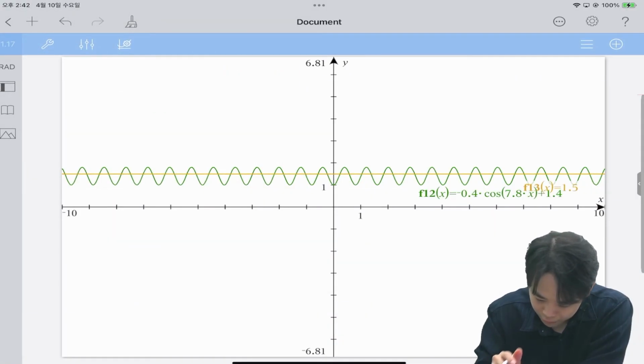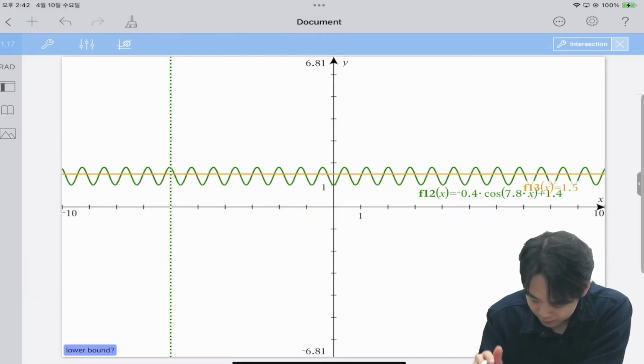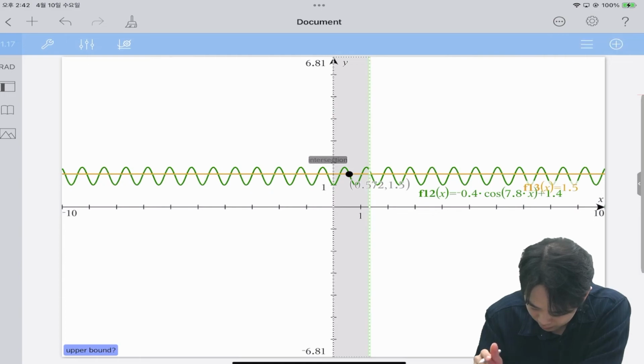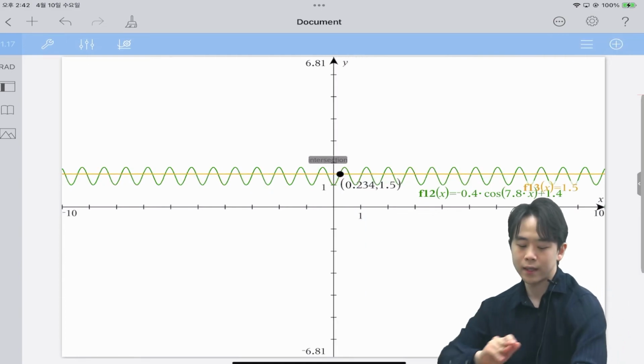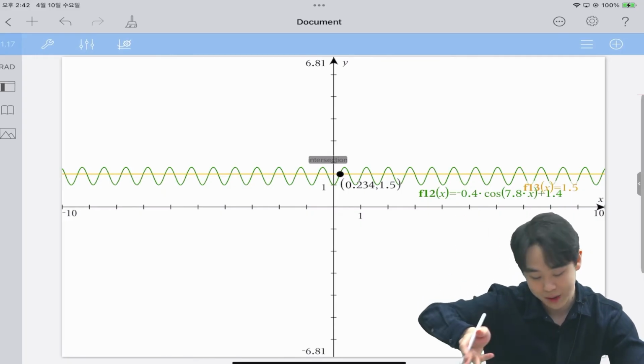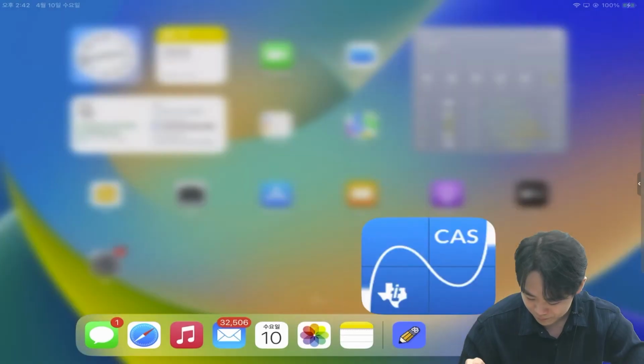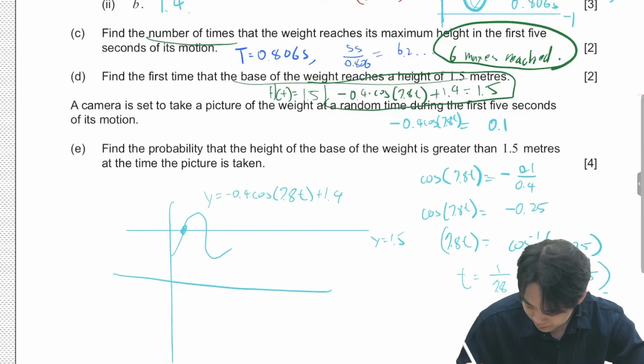We're looking for the first intersection point. So analyze graph, intersection here and here. So when time is 0.234 seconds, we know that the base of the weight reaches 1.5 meters in height. So that's part D. Our answer is 0.234 seconds.